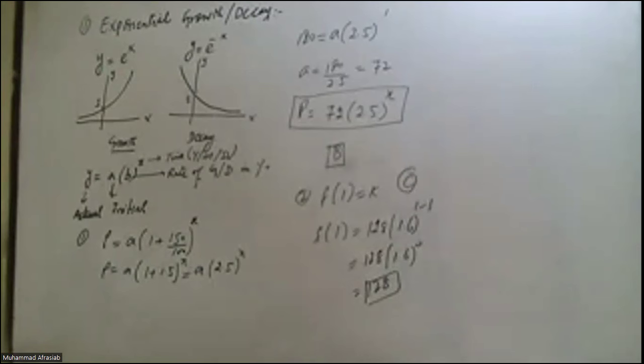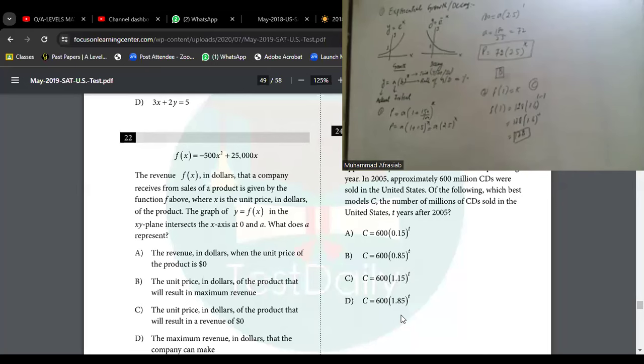Now we are starting question number 3. From 2005 through 2014, the number of music CDs sold in the United States declined each year by approximately 15% of the number sold the preceding year.